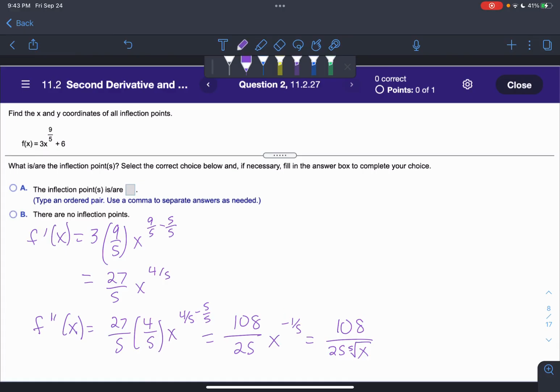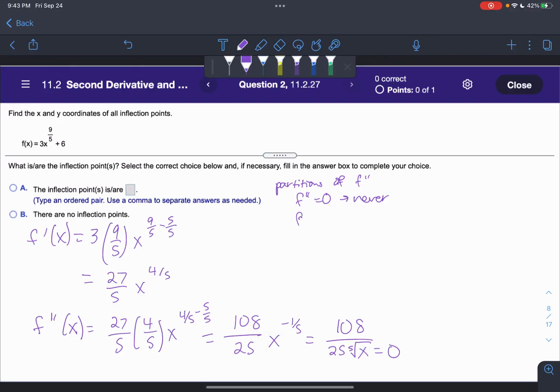Okay, so again, let's find our partitions of f double prime. So f double prime is equal to 0 never, right? Our numerator is never going to equal 0, but our denominator will. And where will that occur?